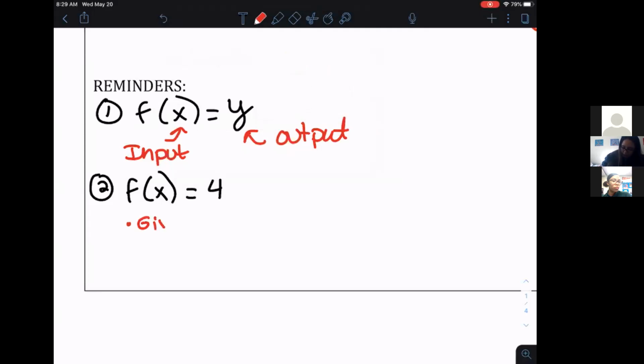That means we're given y is 4 and we need to find x or the input. If we're given something such as f of x is 4, given y, we need to find x.